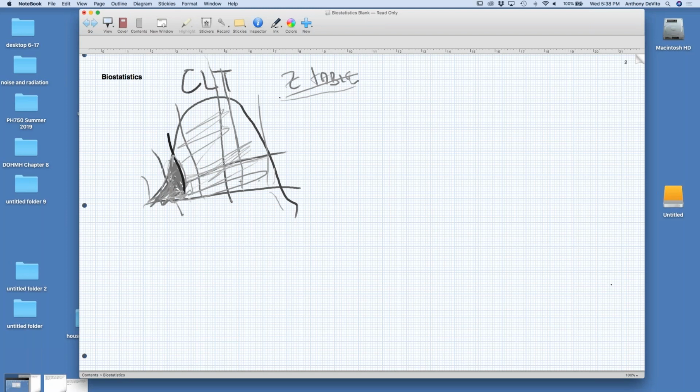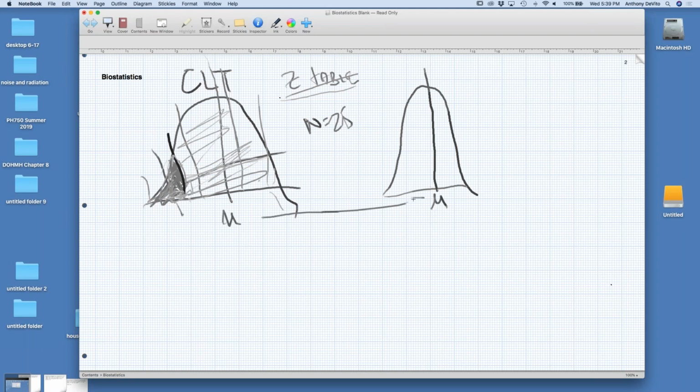Okay, so now we learned that if we took repeated samples from this distribution, we would get a new distribution, right? So for instance, if we took repeated samples of size 25, this new distribution would probably have a mean that is equal to or similar to the mean in the general population.